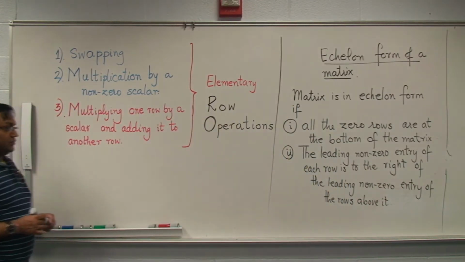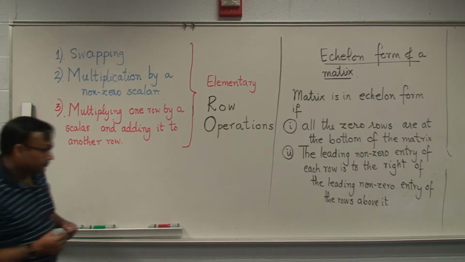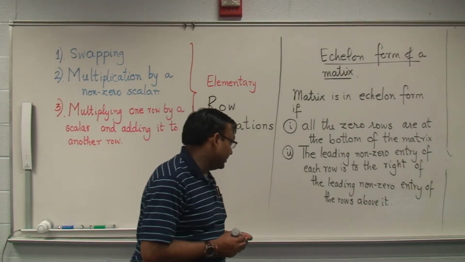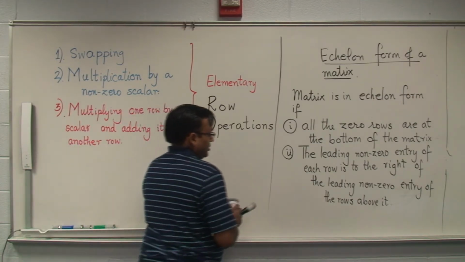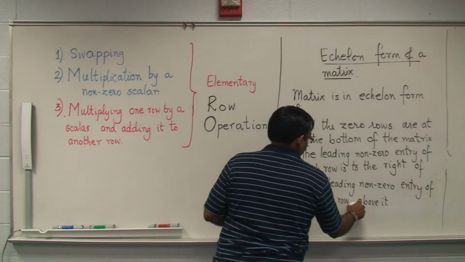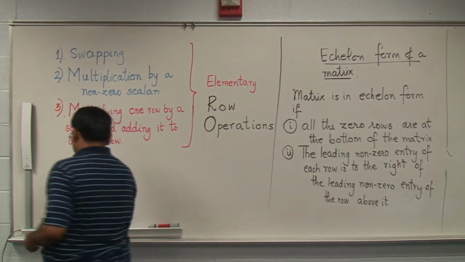The leading non-zero entry of each row is to the right of the leading non-zero entry of the row above it.